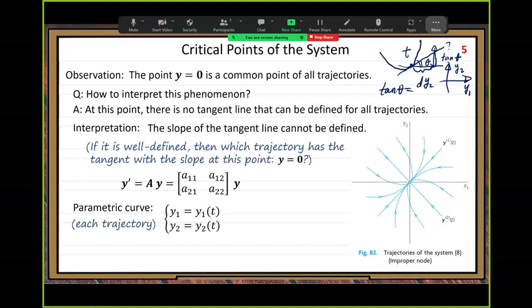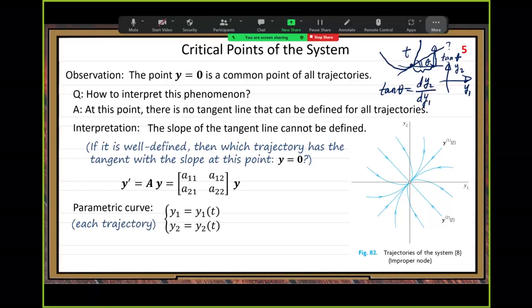Because when we want to find a tangent, it should be very small, so we use d, the differential. The opposite side is the vertical direction, so we use dy2, not dy1. The adjacent side is the horizontal direction, so we use dy1.